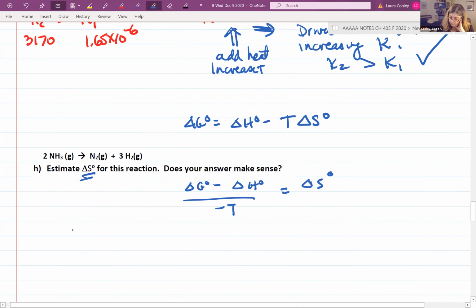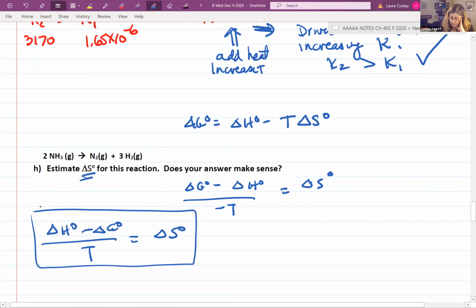So you can just flip it around, get rid of the negative sign, and you get this equation. But of course, this is based on the delta H, which, don't forget, is an estimate. So this becomes an estimate as well.